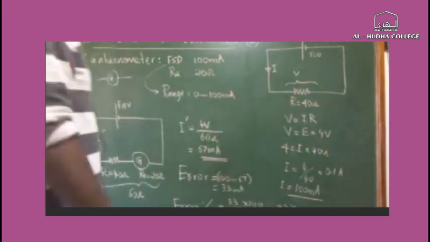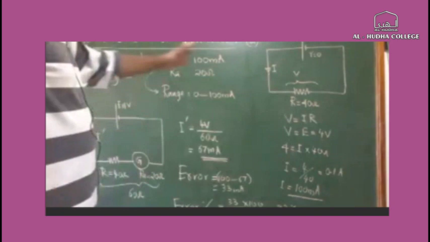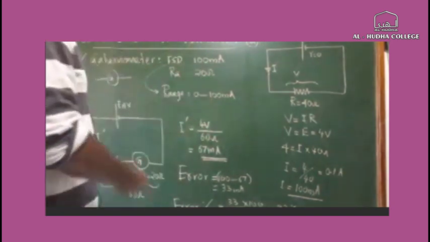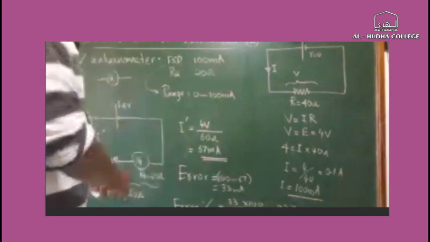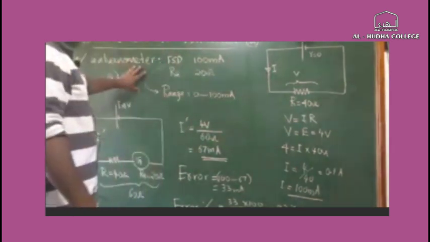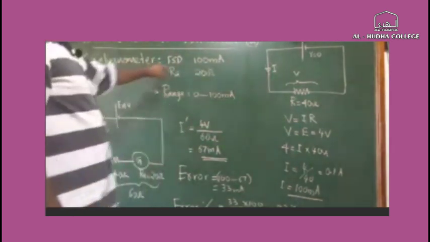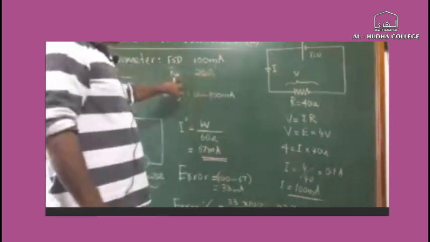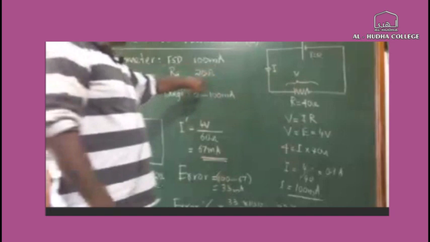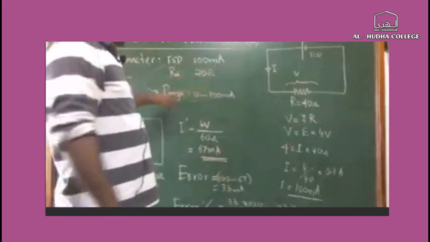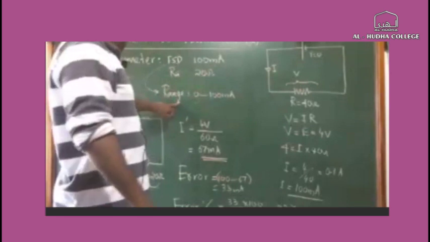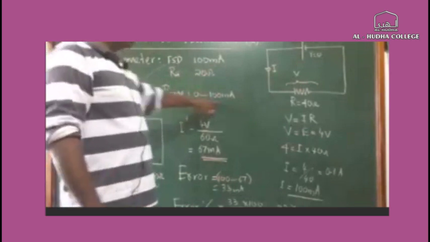Okay, I will repeat whatever I have done, because this is the first calculation we are doing. We are given a galvanometer with a full scale deflection of 100 milliamps and an internal resistance of 20 ohm, and we said that the range of the galvanometer is 0 to 100 milliamps.